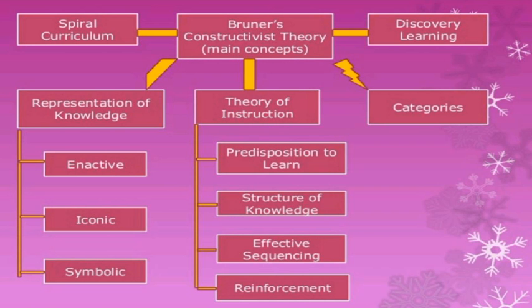In Bruner's constructivist theory, we can see different types of main concepts. It is related with spiral curriculum. It is related to discovery learning methodology, and further it is related with different theories of instruction, and then it is related with representation of knowledge, and it is related with the categories.